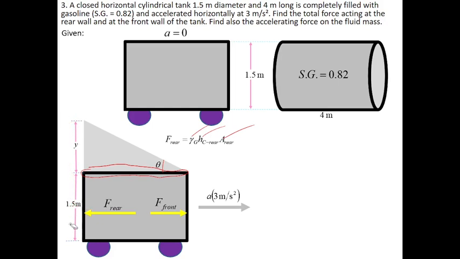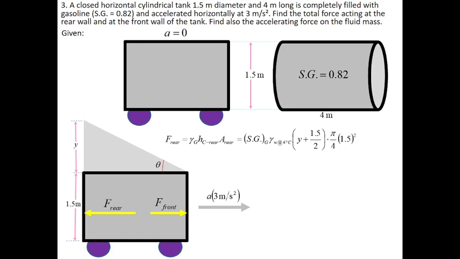So in that case, we have the specific weight of gasoline. So that is the specific gravity of gasoline multiplied by the unit weight of water at 4 degrees Celsius. And then HC rear.